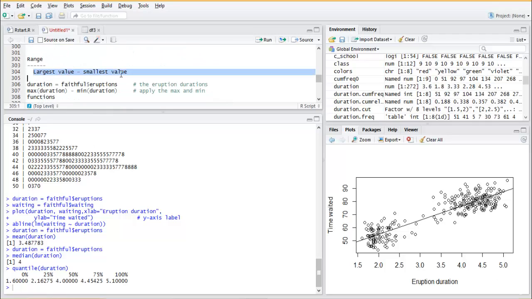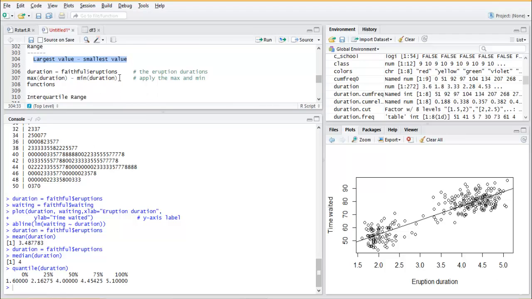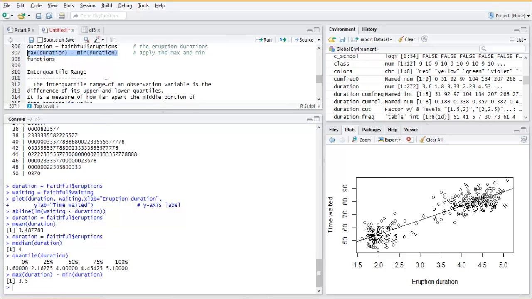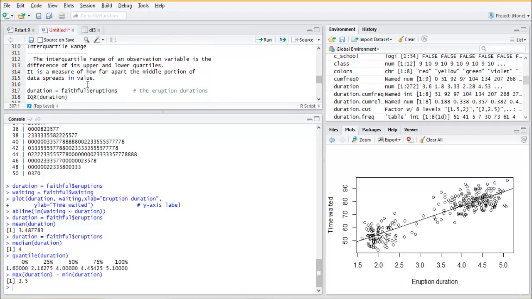Range is the largest value minus the smallest value. So let's see what the range is. Yeah, so we have a range which is 3.5 here. Let's see what the interquartile range is. The interquartile range of the observation variable is the difference of its upper and lower quantiles, 75% and 25% respectively.